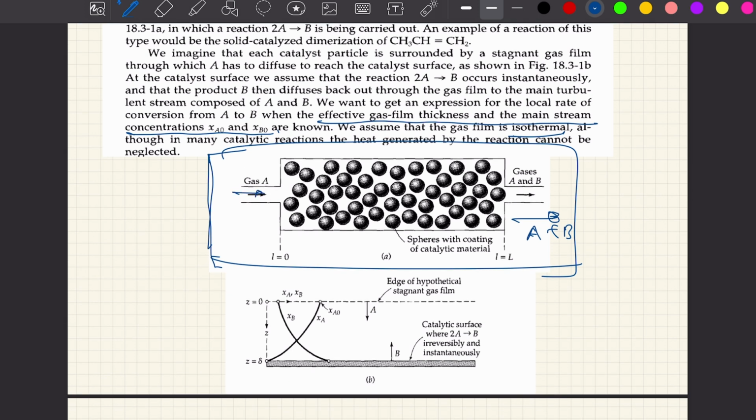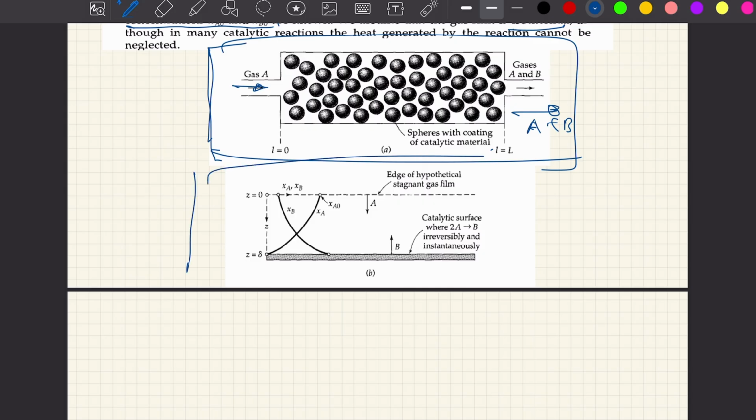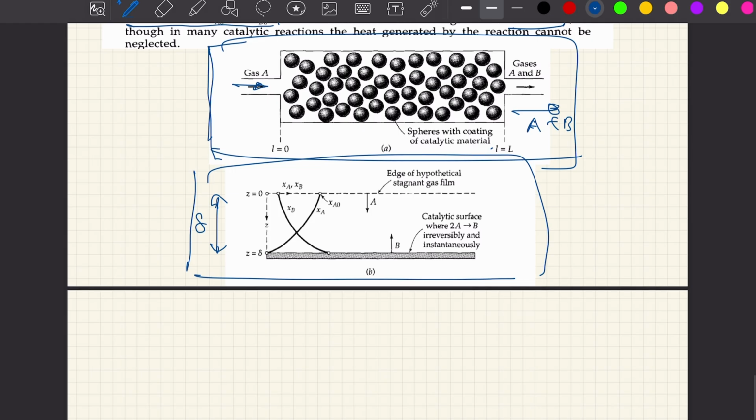Here A enters into the reactor, spheres with a coating of catalyst material are present, and A reacts with the catalyst to give B. Now here we can see that the length of the stagnant gas film is delta, and on the surface of the catalyst the concentration is decreasing.